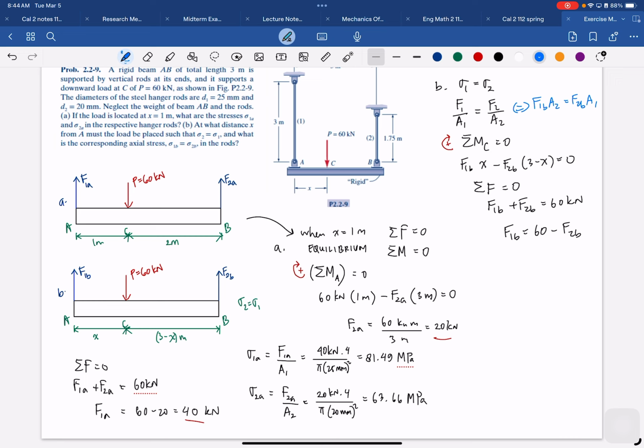So we can solve the equations simultaneously. Pi, this is what, 25. Okay, so this will cancel pi. So we have what? 25 millimeters squared.